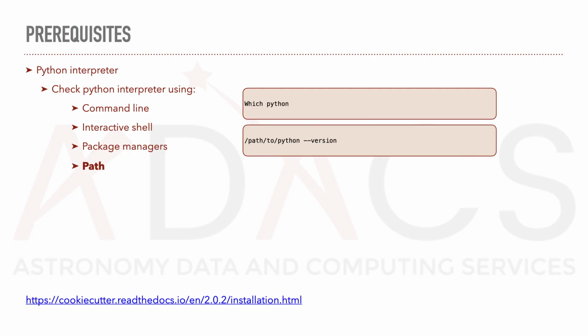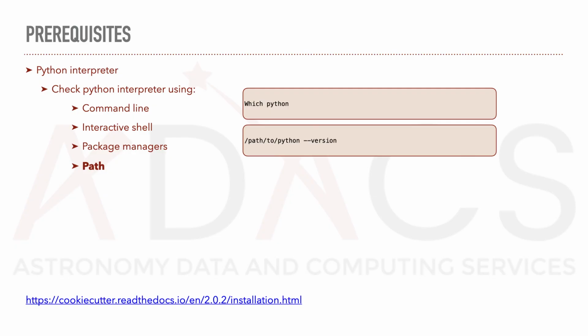Now, this would also nicely lead us into the next part we're going to talk about, which is adjusting your Python path. Using this method of which python and path to python will give you an inkling of where it already sits, but it might not be the path that you want to use, or Python might not be where you want it to be.